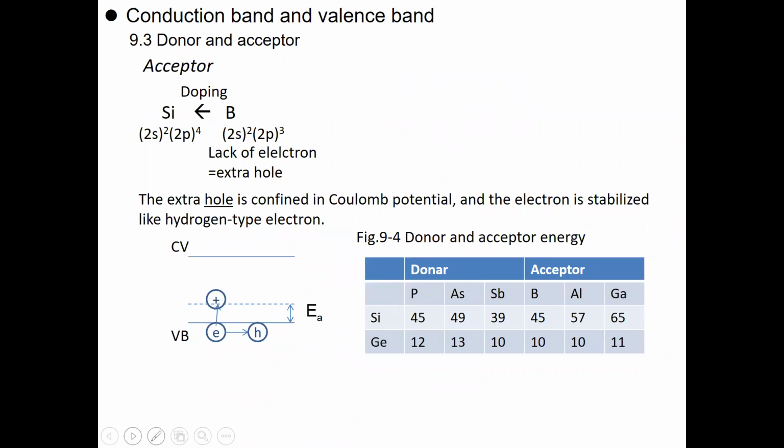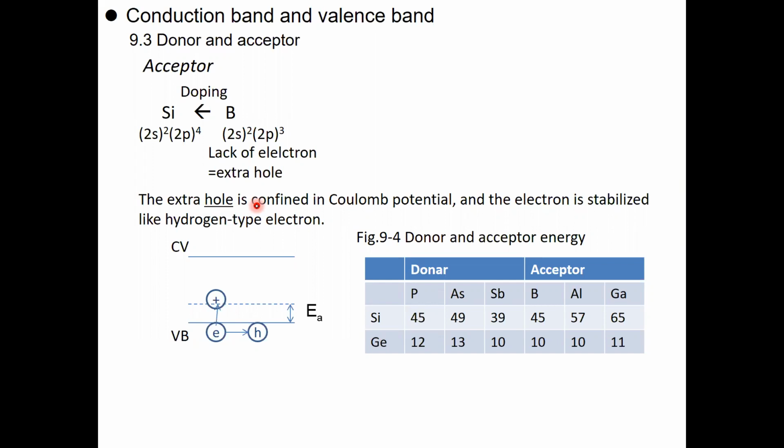And then similarly, there's another type of doping called the acceptor. One of the famous dopants is boron, which has one less electron in the 2p orbitals, indicating the opposite case. So the opposite charge of electron is a hole. In a sense, an extra hole is confined in a Coulomb potential, and the calculation is totally the same.